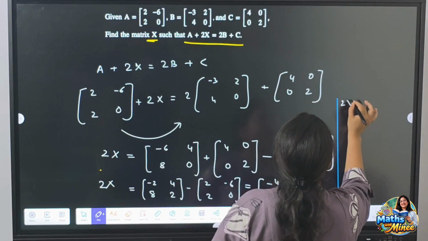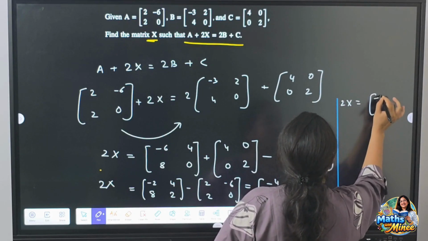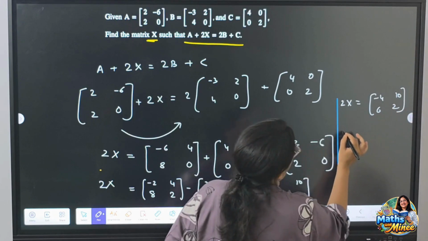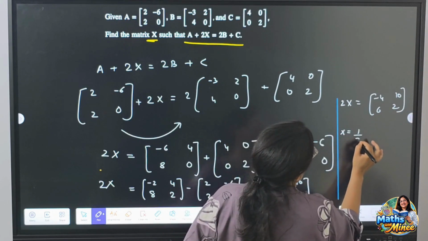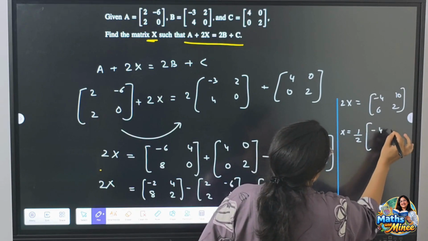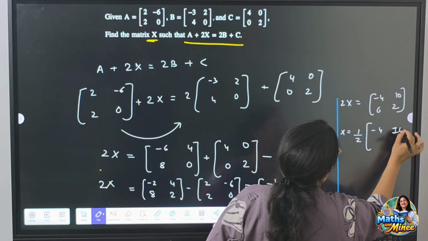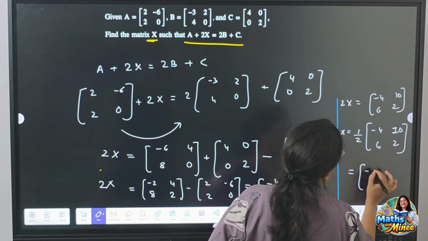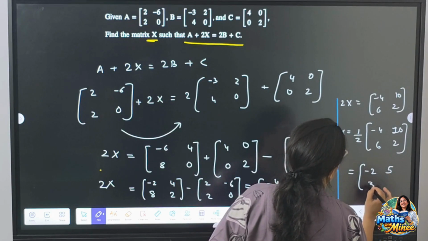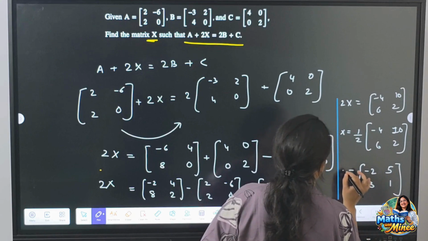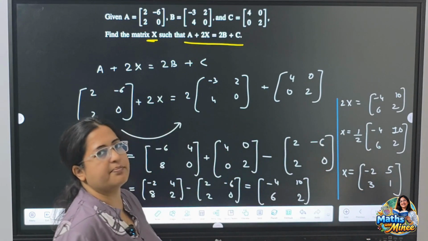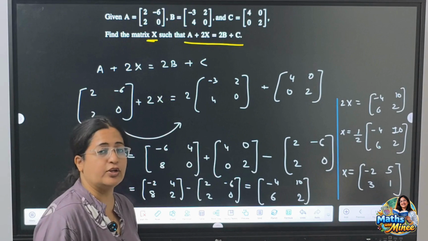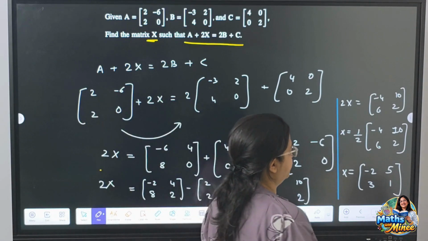So if 2x is equal to negative 4, 10, 6, 2, then x is equal to 1 over 2 times negative 4, 10, 6, 2, and you will get the final answer, that is negative 2, 5, 3 and 1. So this is the value of the x matrix. I hope how to calculate this is clear to you, right?